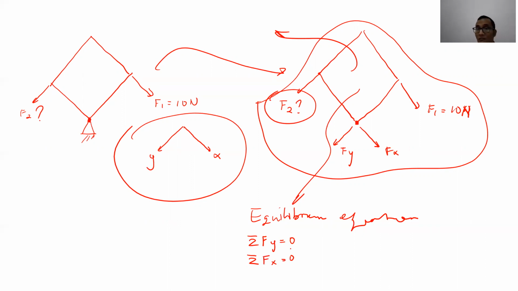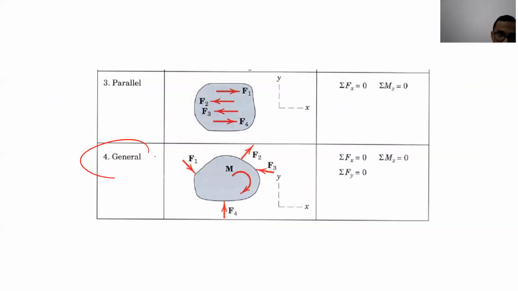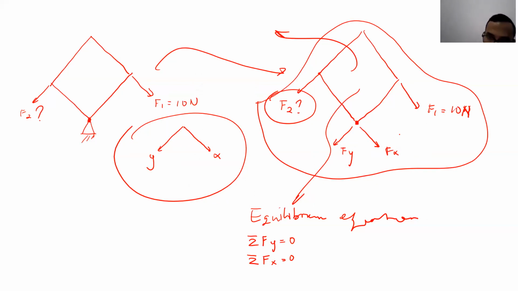If you are confused about the problem that you are solving, always use the general condition, because most of the time, if you use the general condition, you will be able to solve it. So always use the general condition first. So we have sigma Fx equal to 0, sigma Fy equal to 0. What else, Nabil? Sigma moment equal to 0.